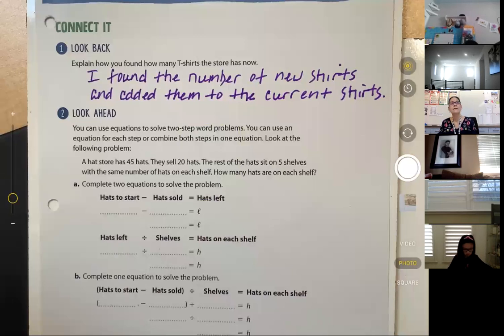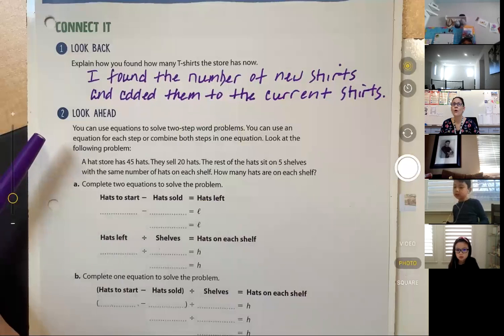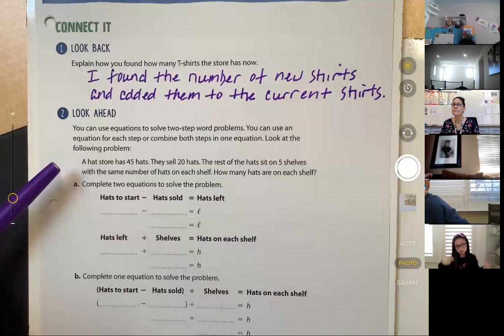And so in question 2, where it says to look ahead, you can use equations to solve two-step word problems. You can use an equation for each step or combine both steps into one equation. Let's take a look at this new question here in number 2. Now we're going to talk about some hats. A hat store has 45 hats. They sell 20. The rest of the hats sit on 5 shelves with the same number of hats on each shelf.